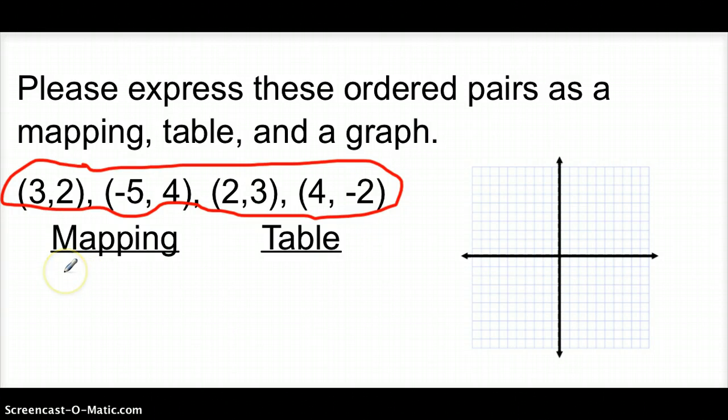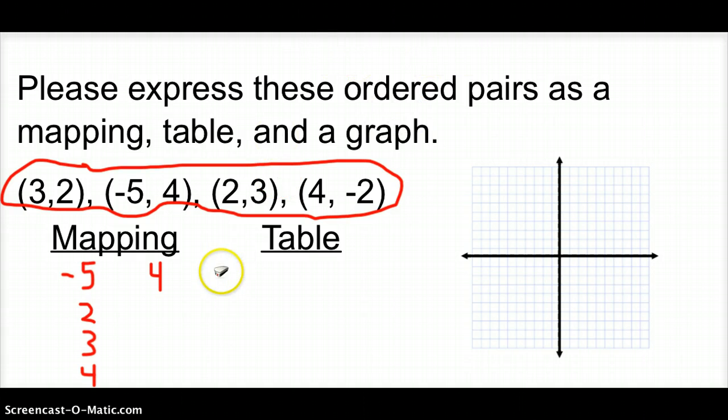First for the domain, or the x values, we have -5, our next one would be 2, then we also have a 3 and a 4. And that's the domain side, or the x values. Then the y values that correspond: for the -5, we would have a 4. In fact, I'm going to change this.